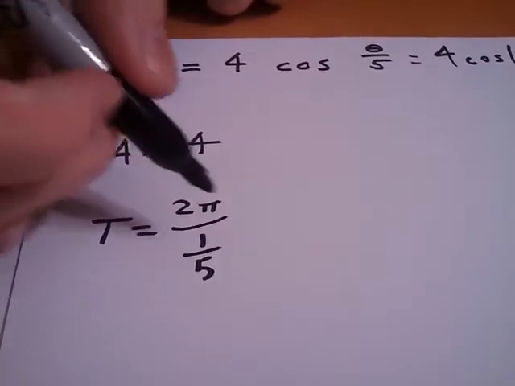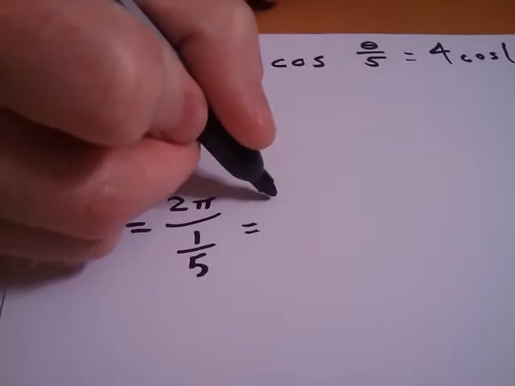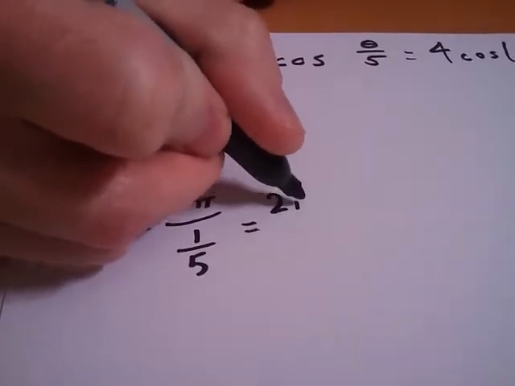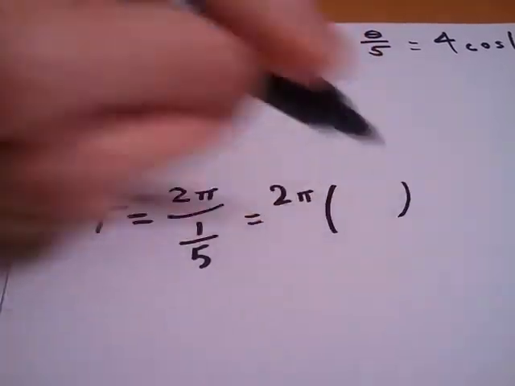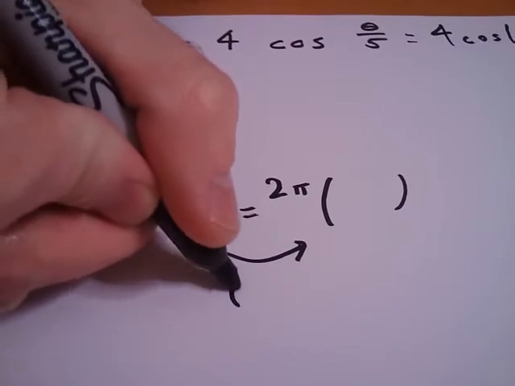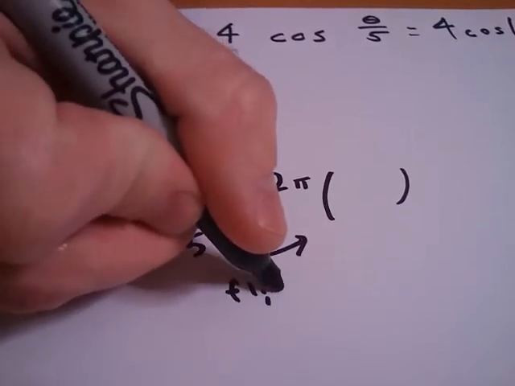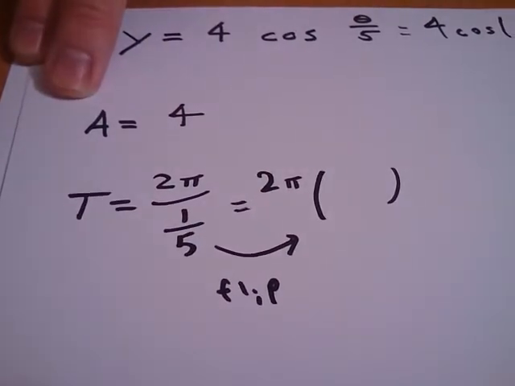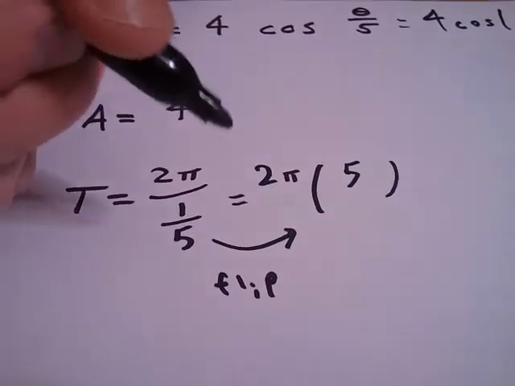And remember, whenever we've got a fraction that we are dividing by, we're just going to take our numerator, 2 pi, and multiply it by the inverse, the reciprocal of what is on the bottom. We're going to flip that guy, so this becomes times 5.